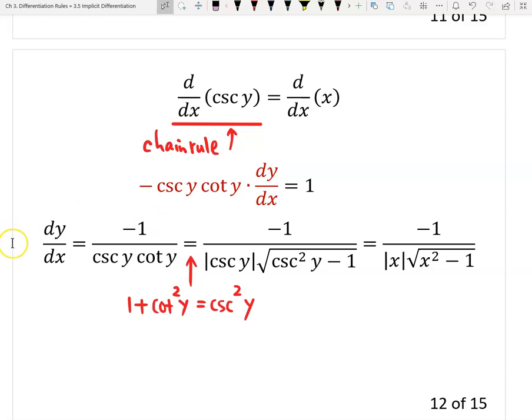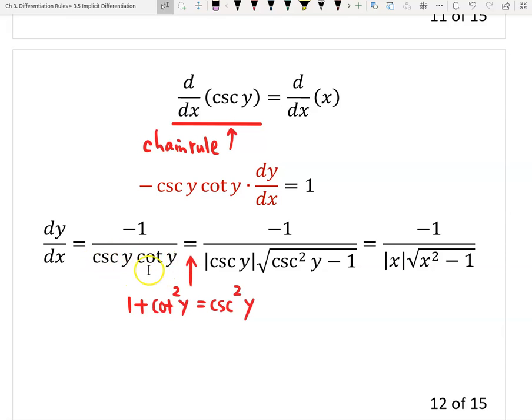Therefore cotangent y can go to square root of cosecant squared minus 1. How about the sign, positive or negative? I will write here. We look at the denominator, cosecant y times cotangent y.